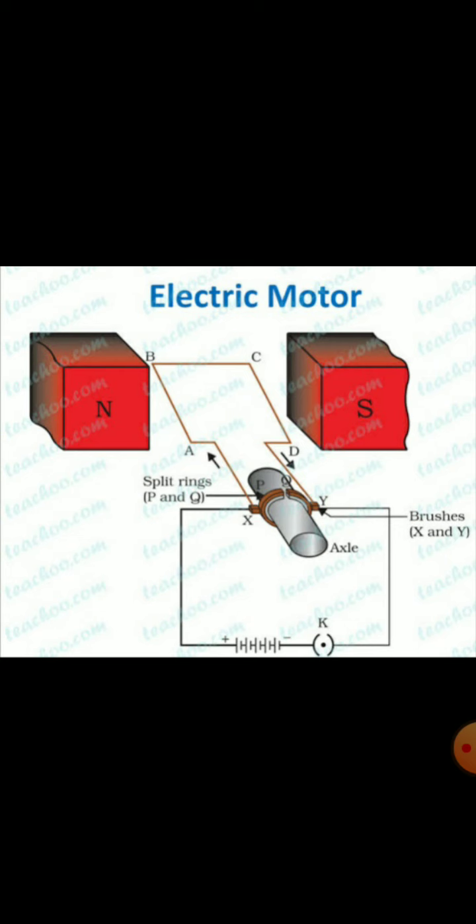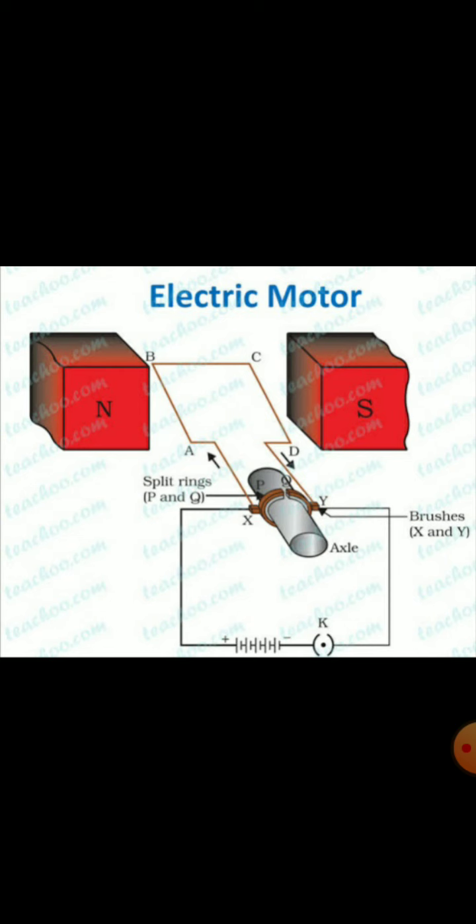Students, in our further sessions, we will learn about the electric generator also. The electric generator also uses similar components. A little difference is there between these two, electric motor and electric generator. So the points which I am telling you, please keep in mind so that you don't get confused.